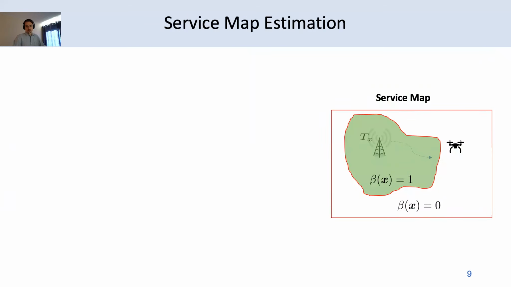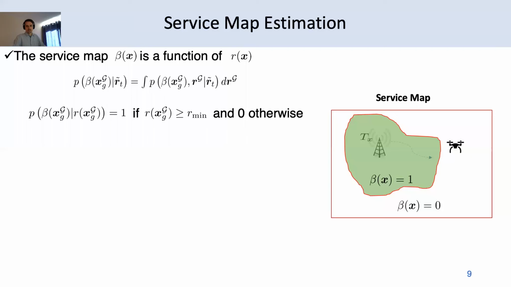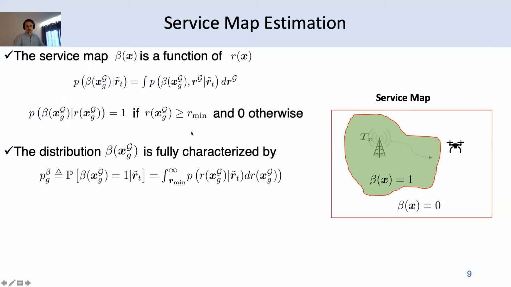Once the posterior of the received power has been found through this algorithm, the service map can be obtained by realizing that the service indicator beta is just a Bernoulli random variable whose probability of being 1 equals the probability of the received power being greater than Rmin. This can be written as an integral of the posterior of the received power obtained using the algorithm that we described before.